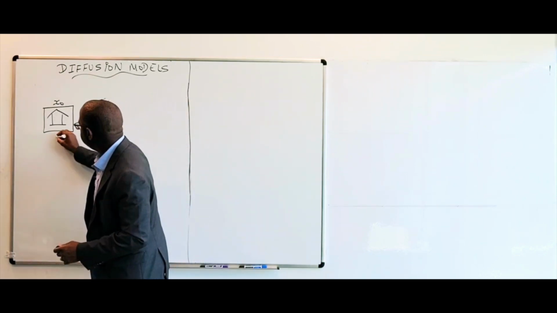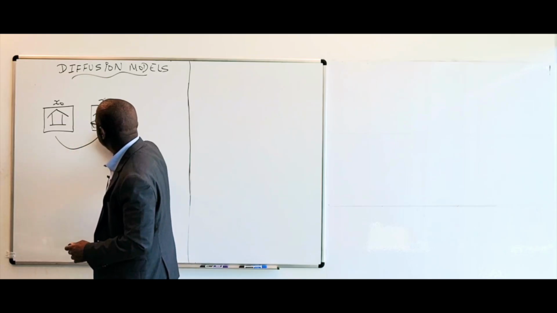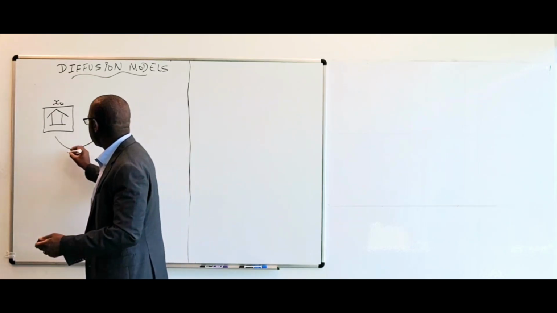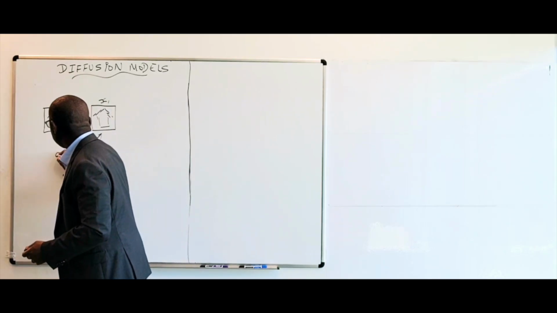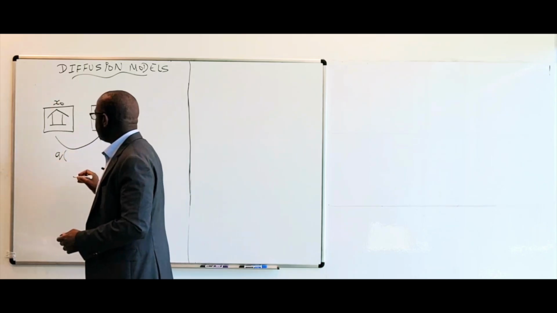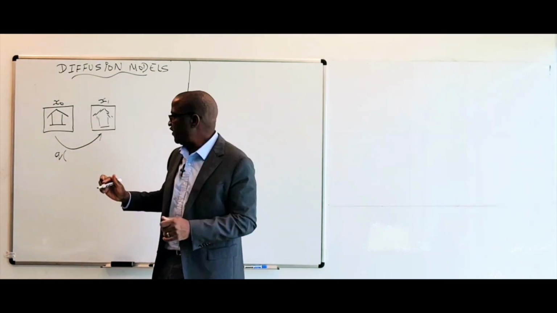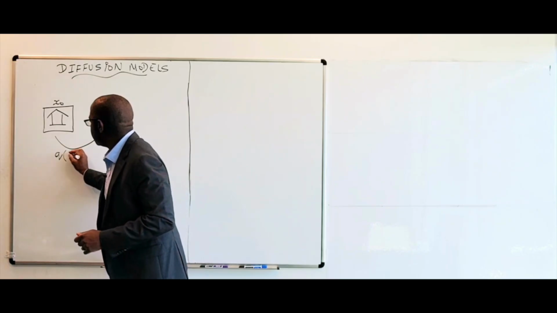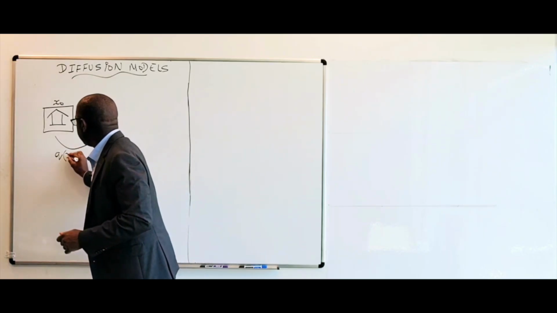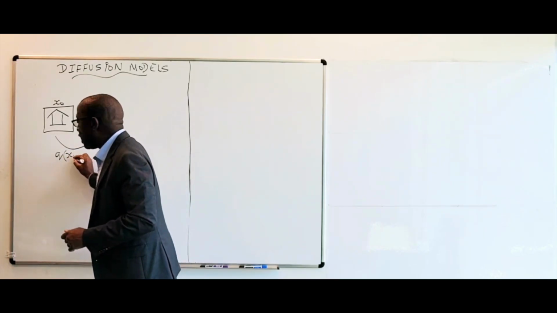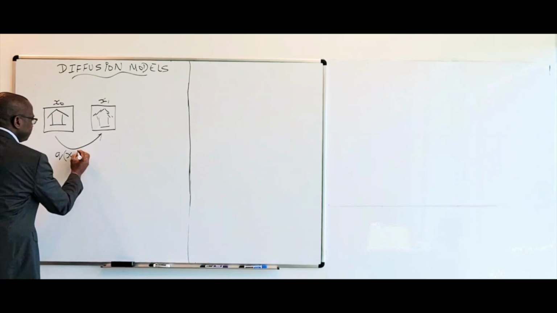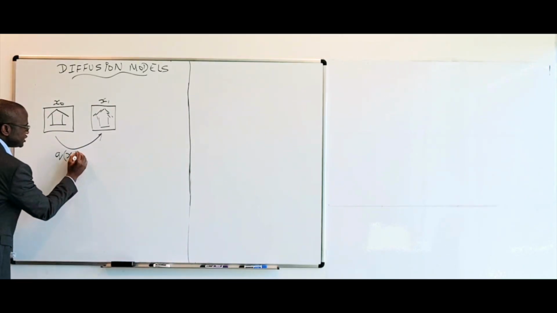And to get here, as I mentioned, there's this random process of sampling. We denote this by Q. And what I will be doing is drawing random samples for each pixel. So this will give me the probability of getting to the X1 state from state X0.